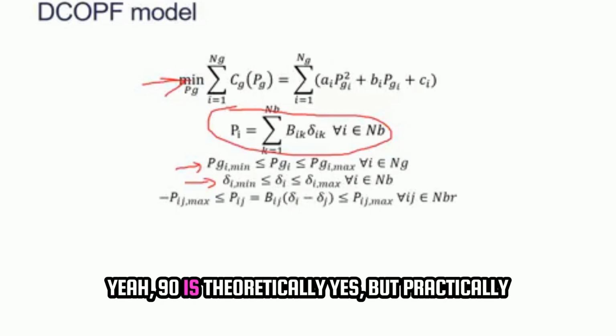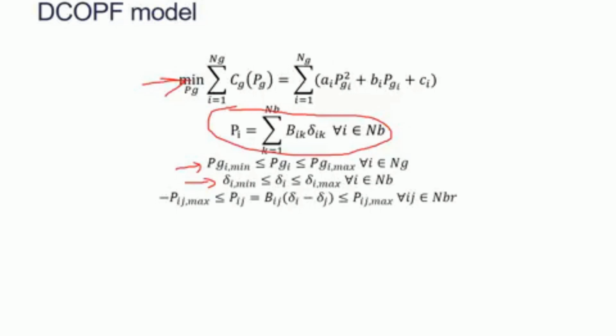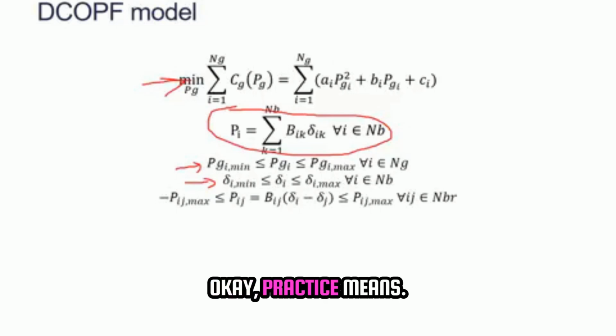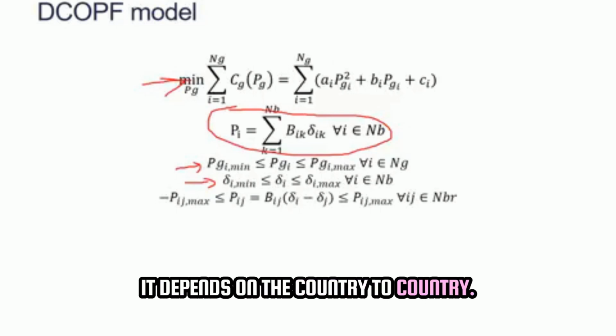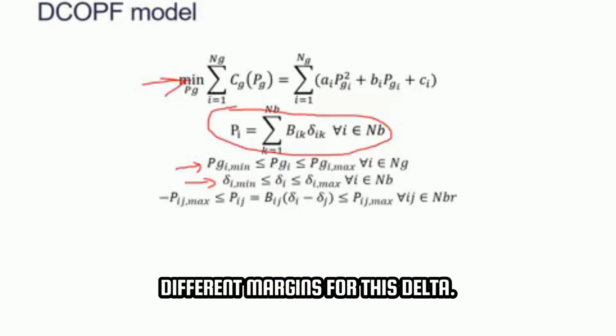Yeah, 90 is theoretically yes, but practically does anybody have an idea how much we can do? Okay, yeah, you are right. 70, 80. It depends on the country, because different regulators have kept different margins for this delta.